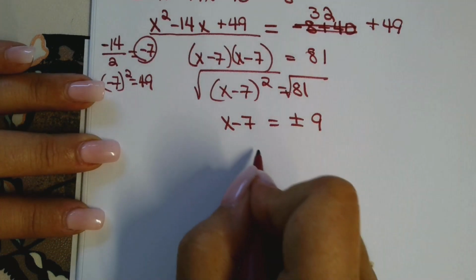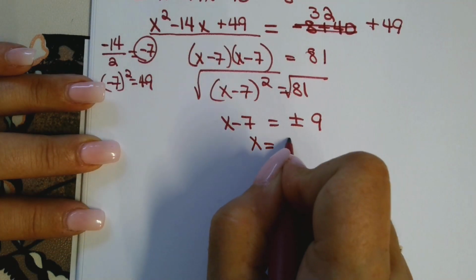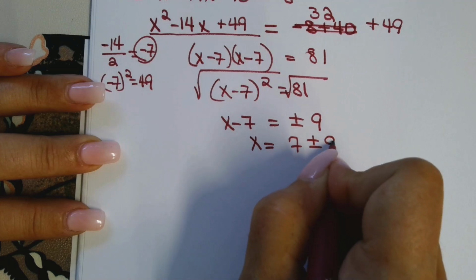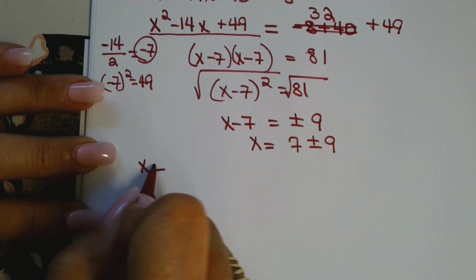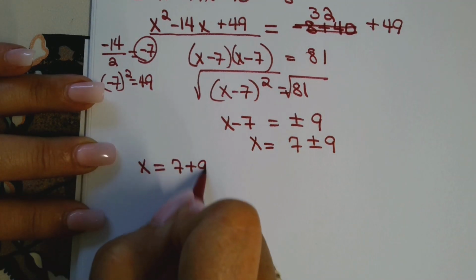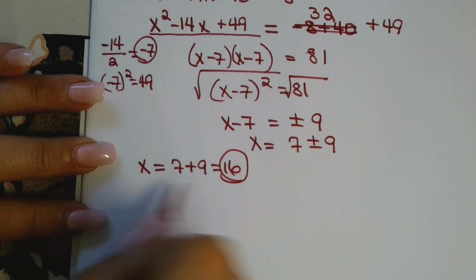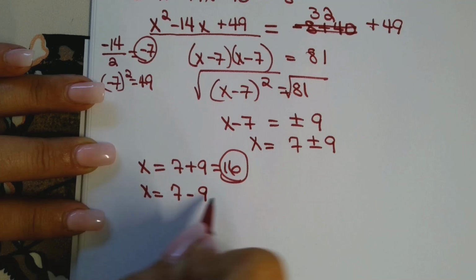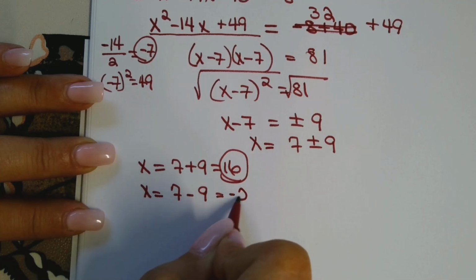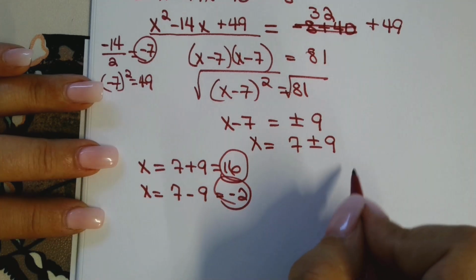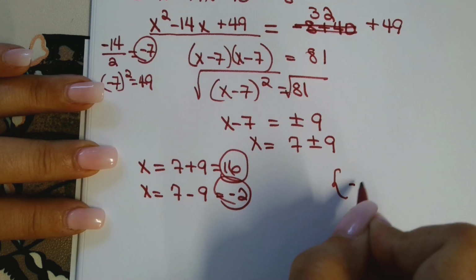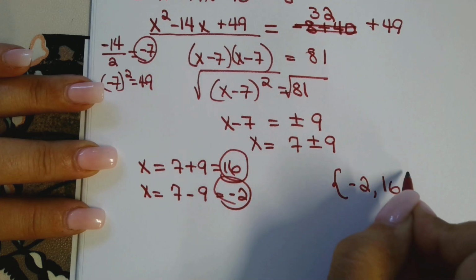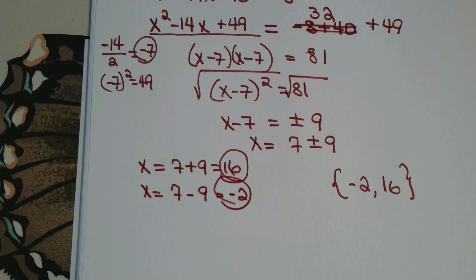We're going to add 7 to both sides. So either x equals 7 plus 9, which is 16, or x equals 7 minus 9, which is -2. So for 16, my solution set is -2 and 16.